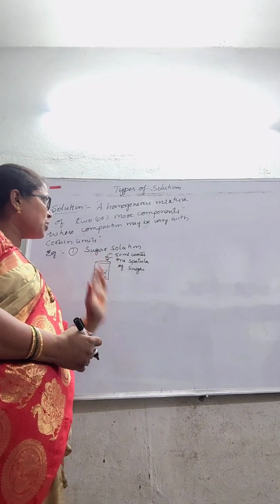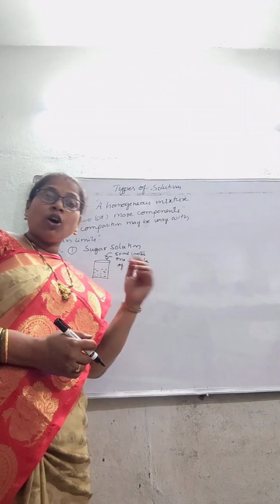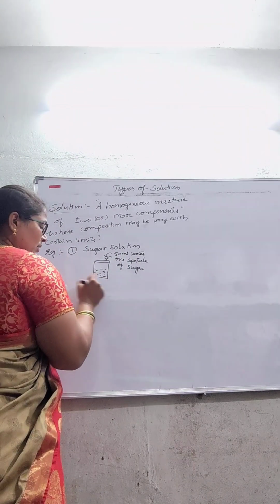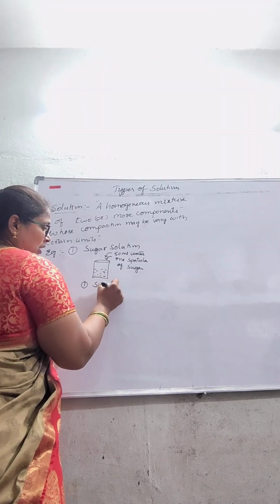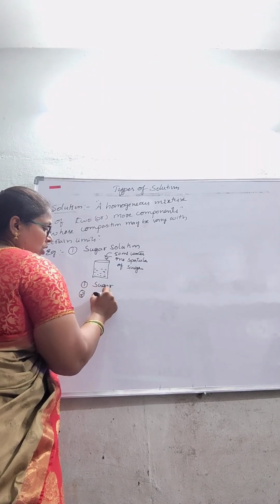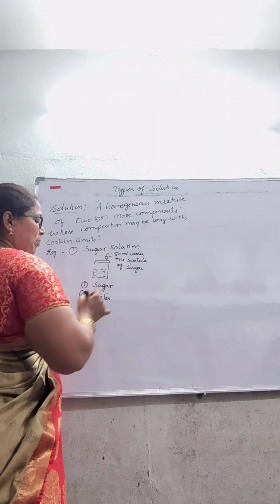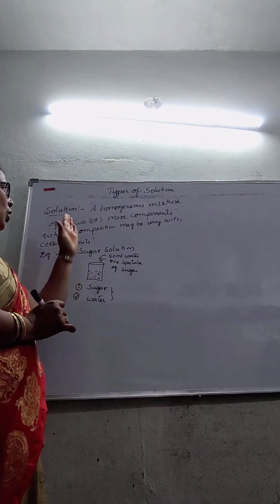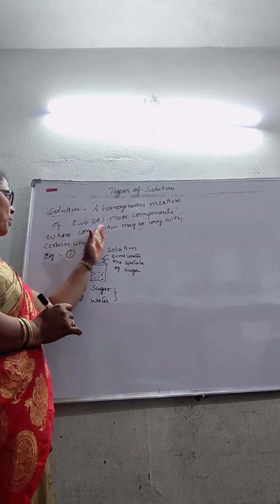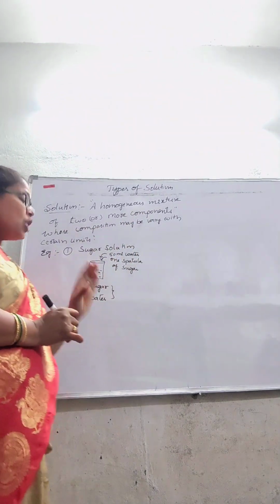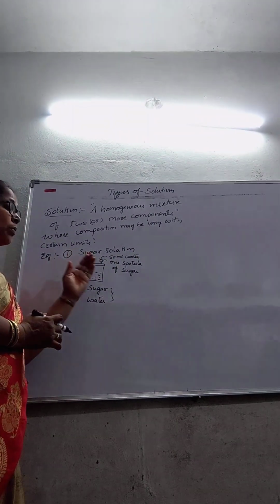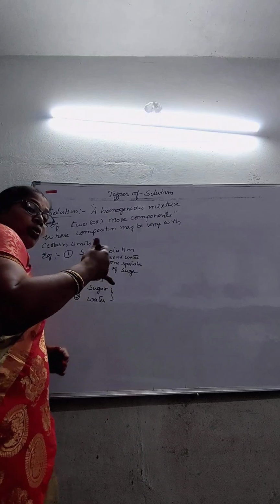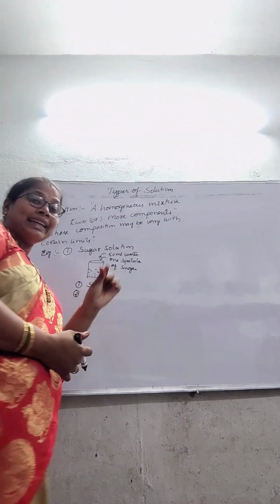Now, a homogeneous mixture of two or more components. Here, how many components did we take? Two components. One is sugar, the other one is water. So this sugar solution is made up of two components, sugar and water. Whose composition may vary within certain limits: here we are taking 50 ml of water, more quantity, and sugar in less quantity.